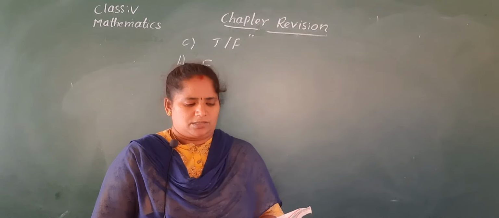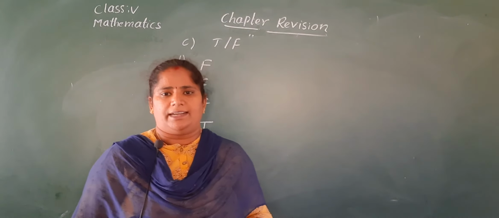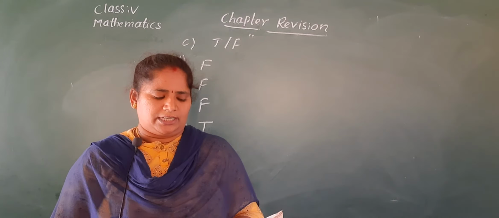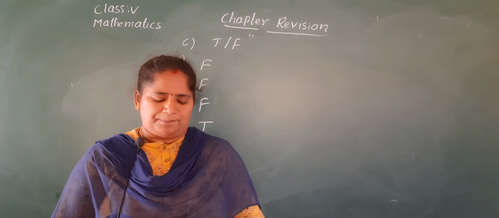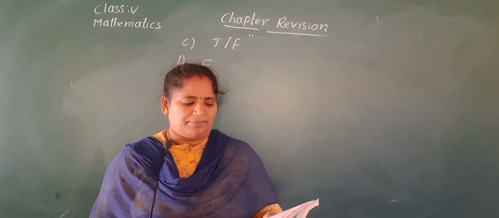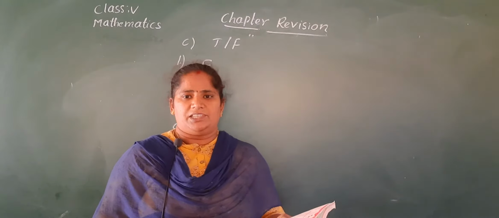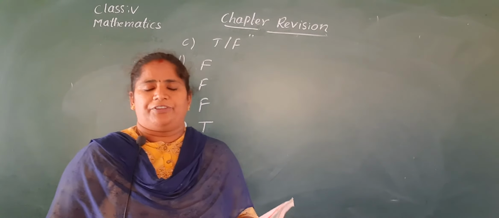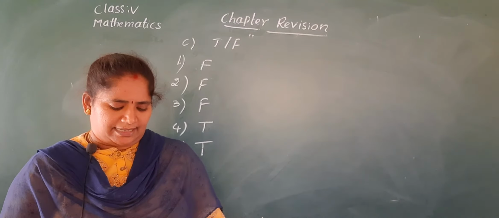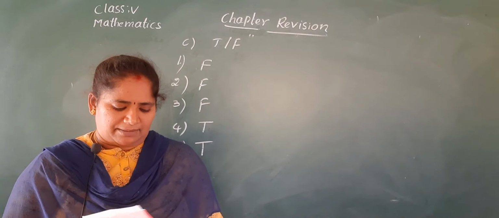Okay, ma? So come on, tell me children what we completed up to now. The third chapter exercises are completed. Now we are coming to the chapter revision. In this chapter they have given the multiplication and division problems. If we divide a number by 10, the last one digit becomes the remainder.